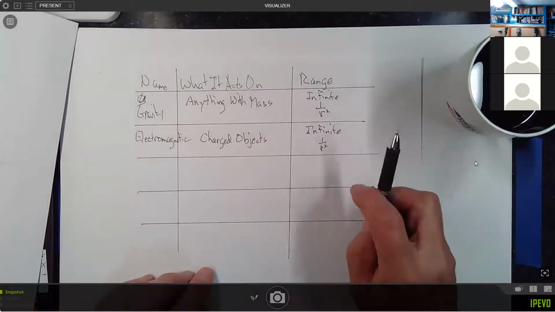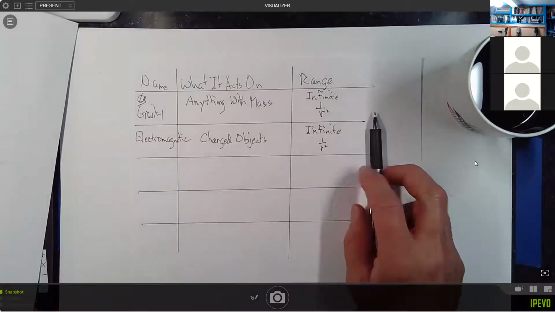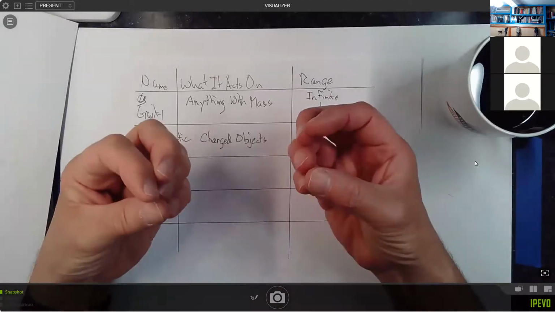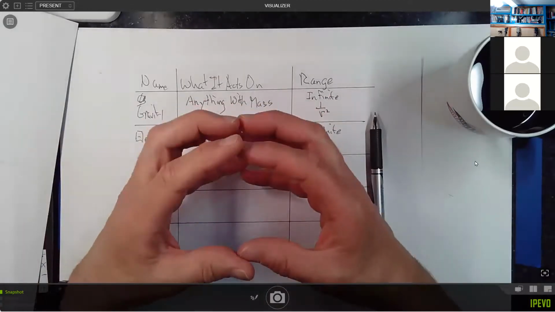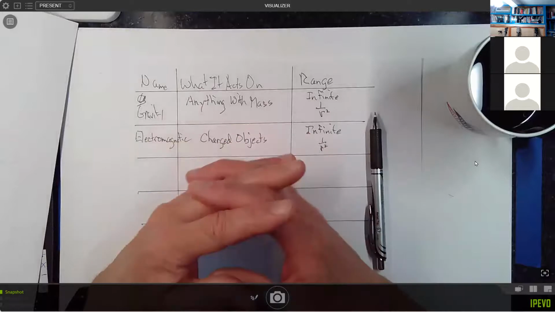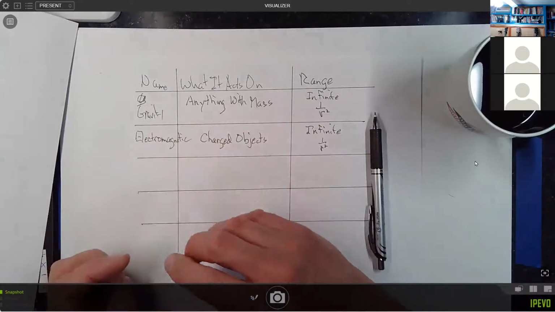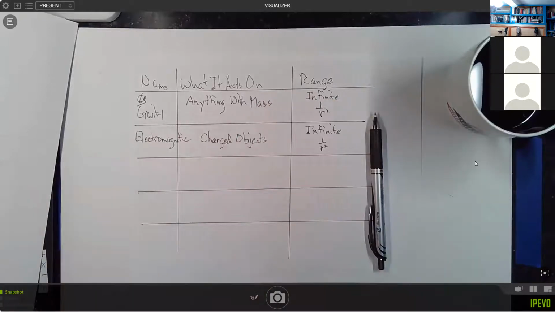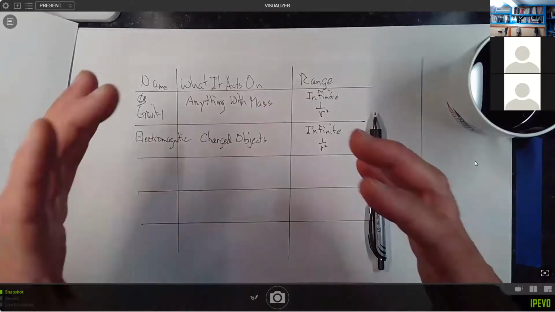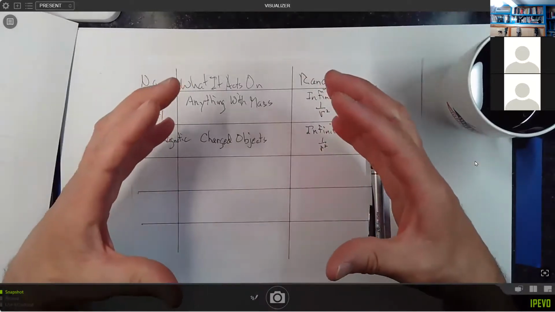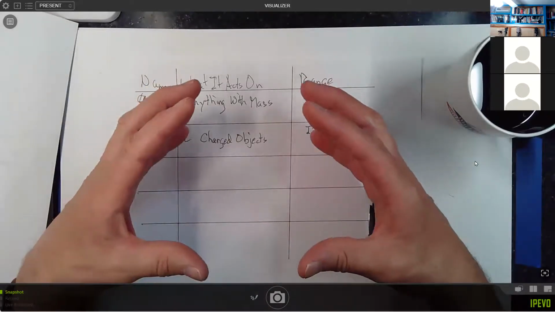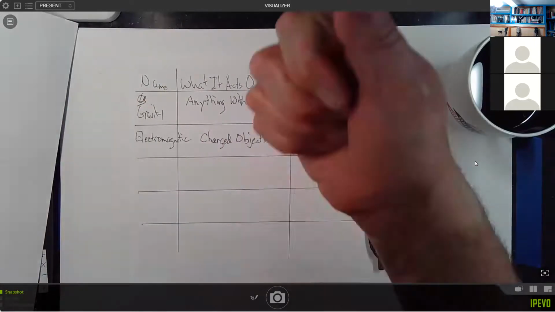Something you probably learned about at some point was that atoms have a nucleus, and in the nucleus there are protons and neutrons together in a very small volume of space. If you could blow the nucleus up to the size of a basketball, the electrons would be a mile away in every direction.